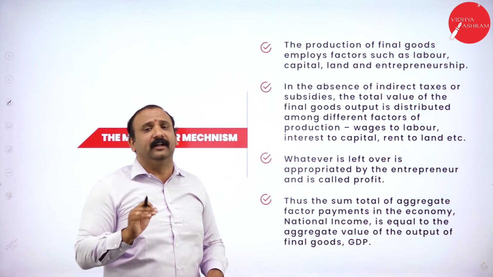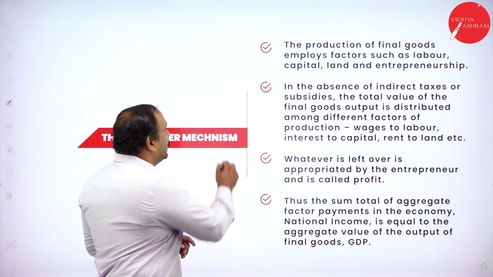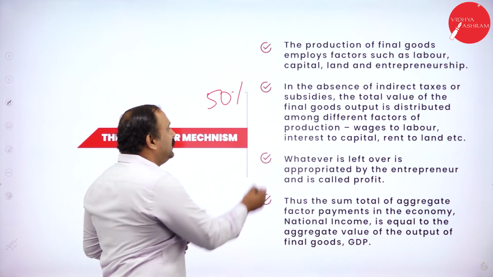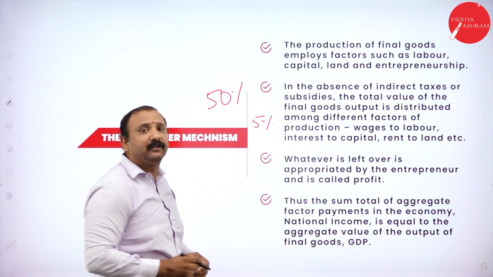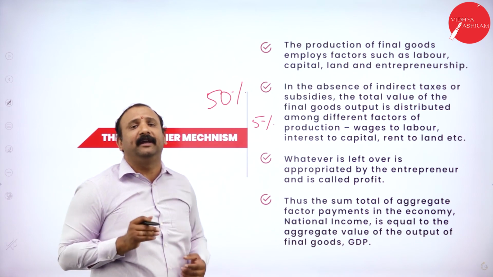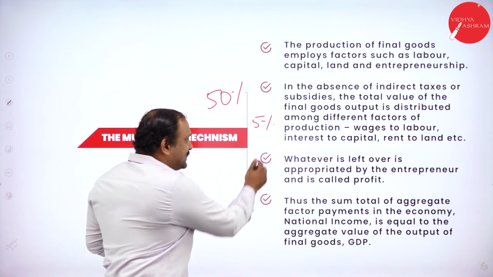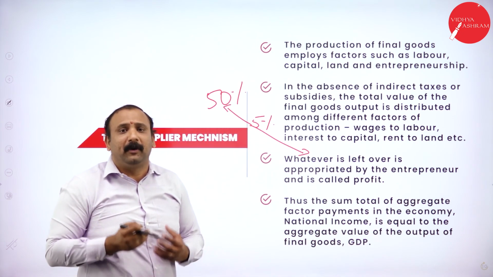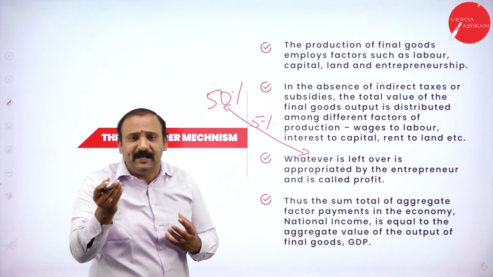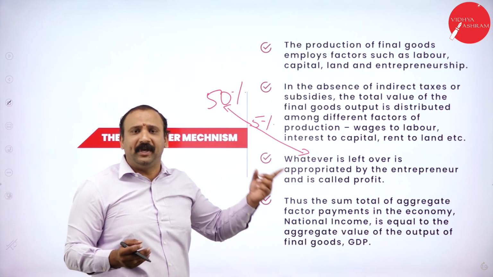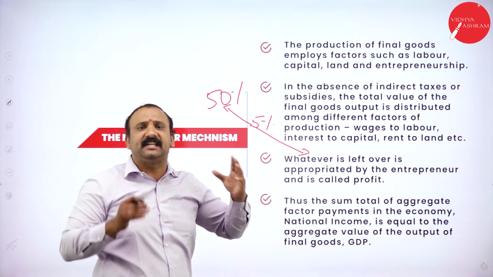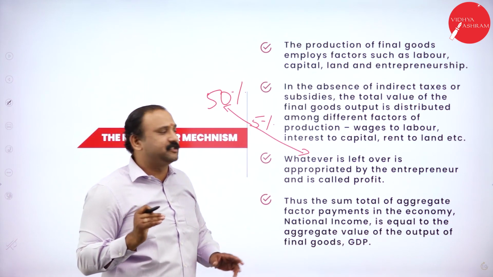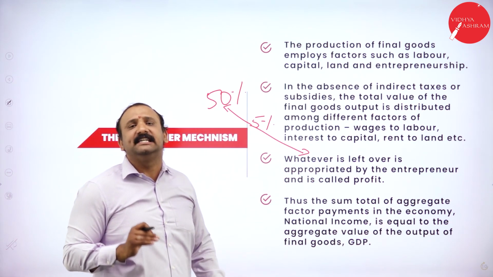Because I might have decided that I need to make at least 50% profit, but ultimately I would have only made about 5% profit. So this is where the challenge comes into the picture. As an entrepreneur, I want to see a higher range of profit. But what am I getting is only 5%, because there are taxes, wages, land, labor, interest, everything I have to pay. Only what remains from all these factors will come back to me as profit.